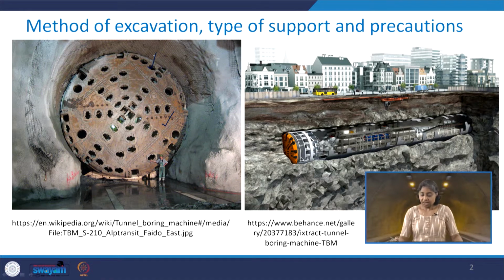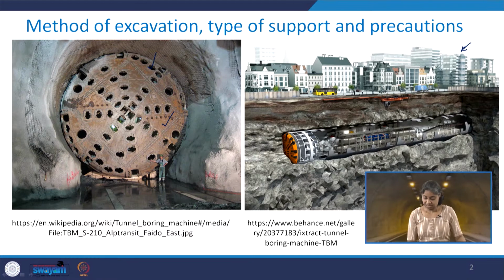Even if you have buildings on this side, an underground excavation can be carried out without any difficulty with the help of this tunnel boring machine. It is not only the machine, it is a complete technology, and you can see that it is huge. In most of the projects these days, excavation is carried out by tunnel boring machine.